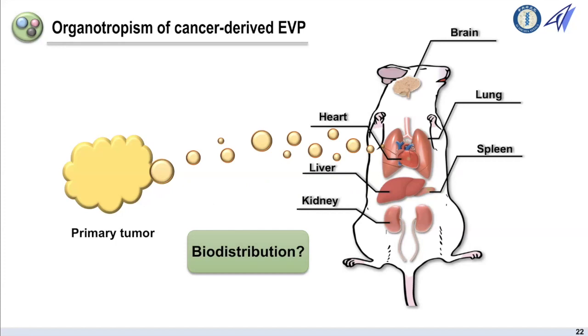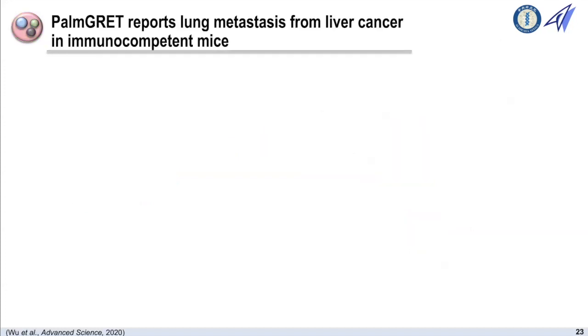So the biodistribution is most of the time missing during the specific studies on those tropisms. So here we want to see that our reporter can actually report the biodistribution for our extracellular vesicle or EVP studies.